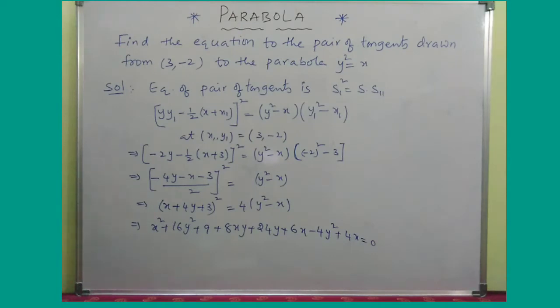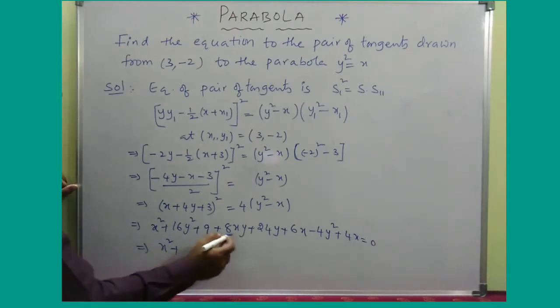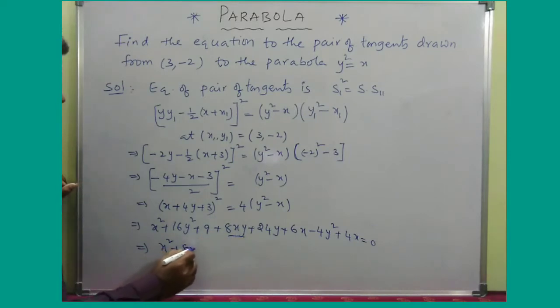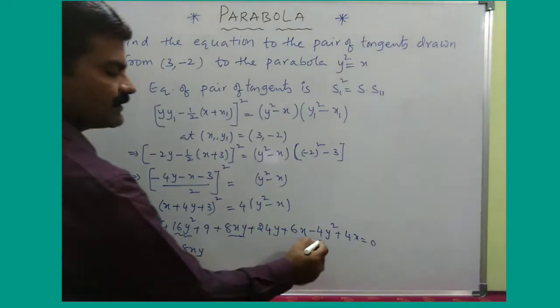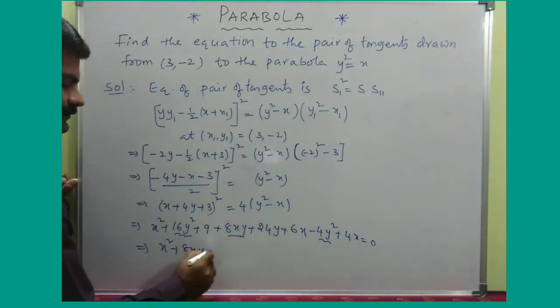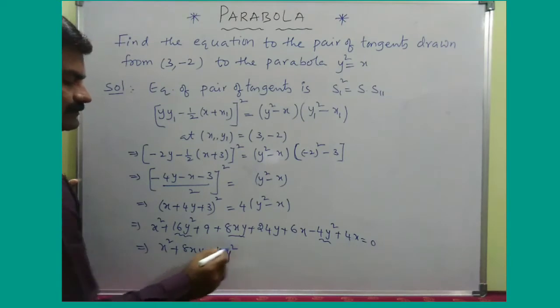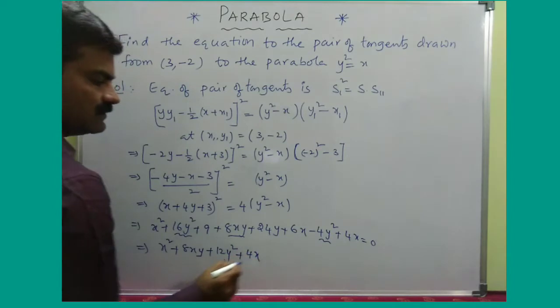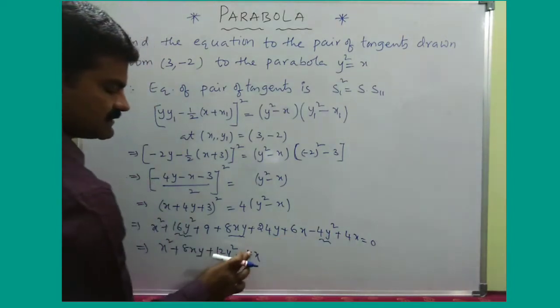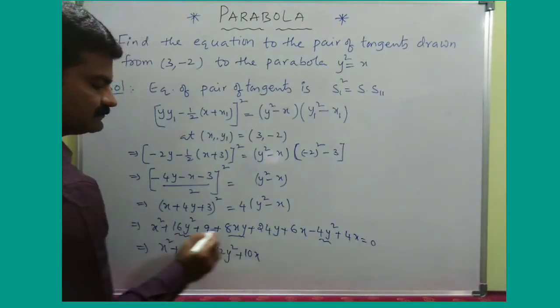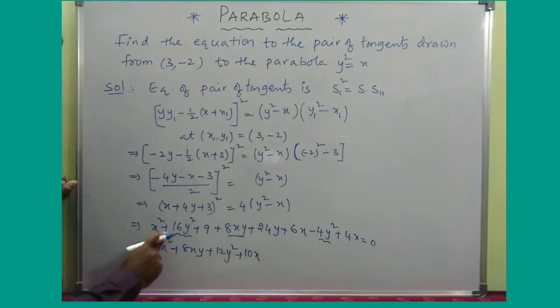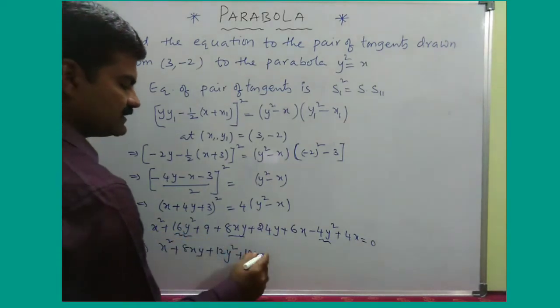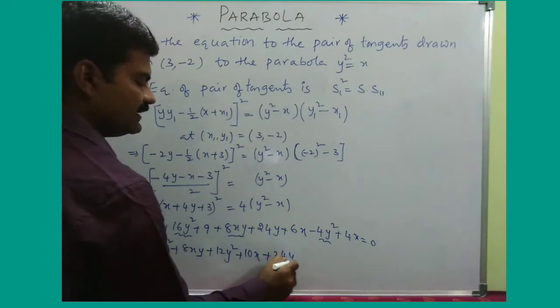Okay, now write in order. So first of all x square followed by the xy term, that is 8xy, and look at the y square terms, 16y square minus 4y square, which is plus 12y square. After y square we want the x term, which is 4x plus 6x together 10x. And coming to y terms, there is only one y term, which is 24y.